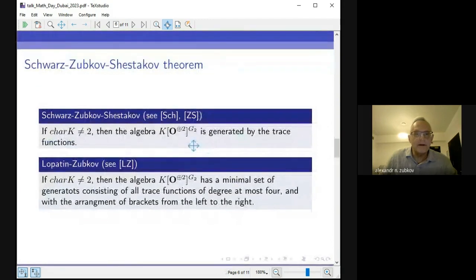We still have the same question for the case when the characteristic of the ground field is just 2. In this case, the set of generators of this algebra is not known yet.